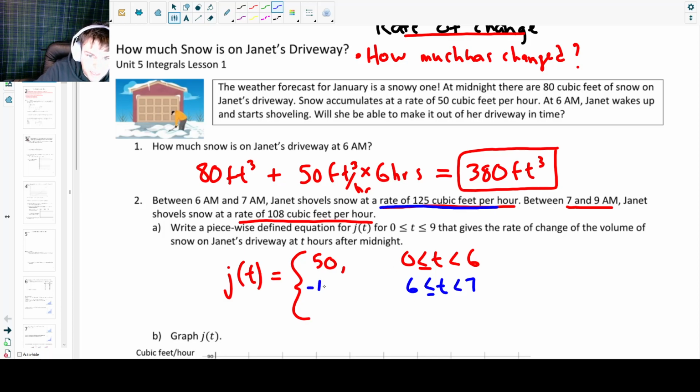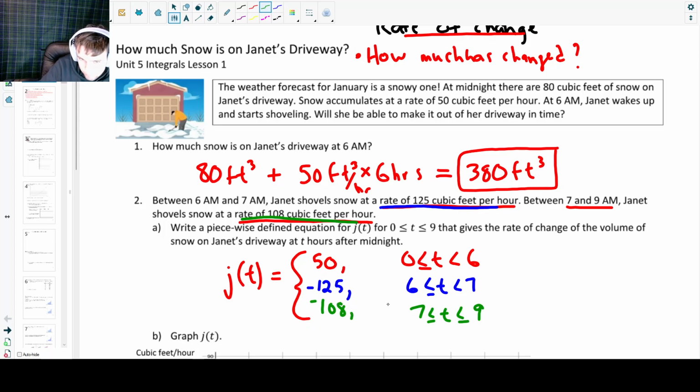So the rate of change would be a negative rate in this time. And then finally, we have our third piece, which happens between 7 and 9 a.m. So that would be from 7 to 9. I guess we just end it at exactly 9. And she is removing snow at a rate of 108 cubic feet. So that's a negative 108.